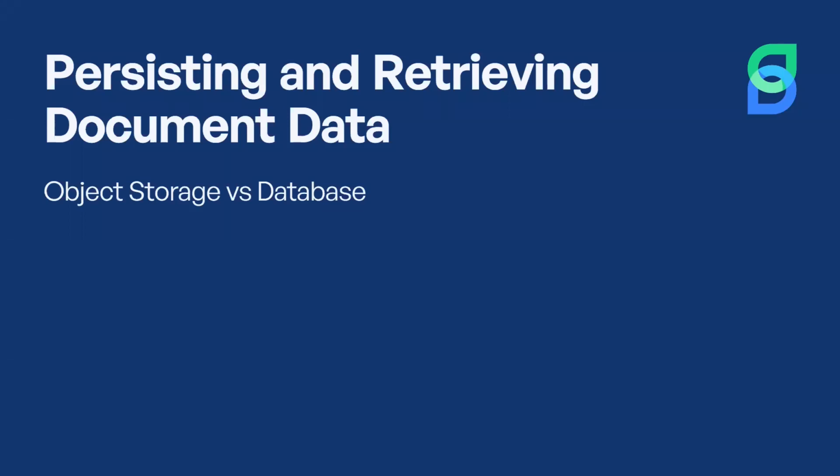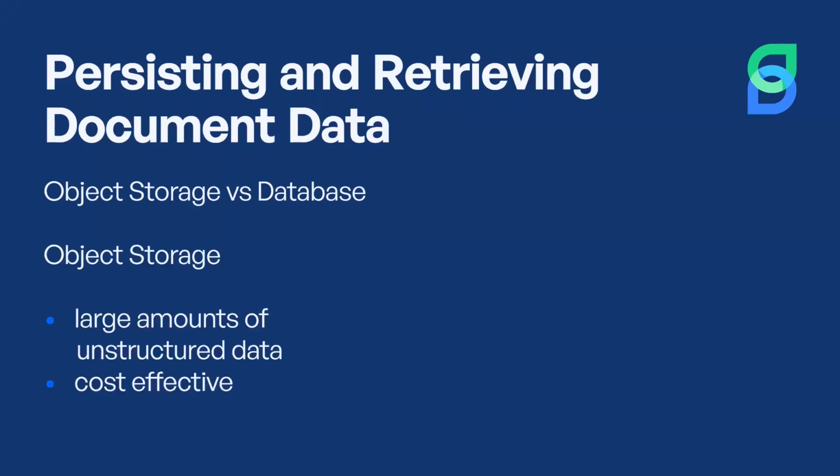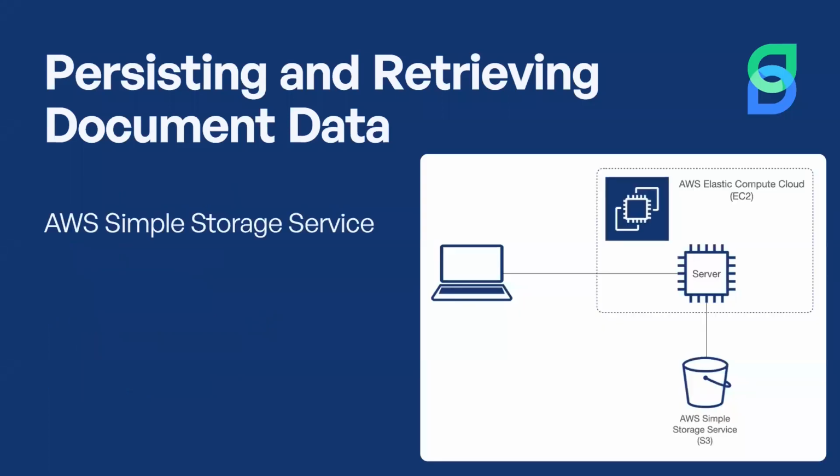For the storage location, we considered object storage and a database. Because we needed to store potentially large amounts of unstructured data, we chose object storage, which is a cost-effective option for our purposes. We connected our server to Simple Storage Service provided by AWS.